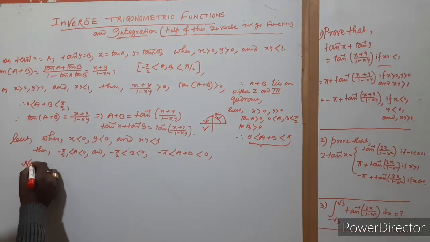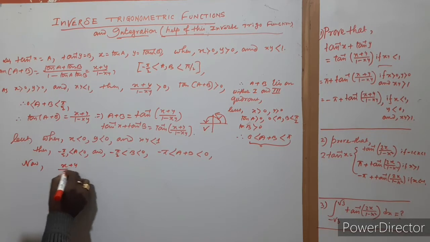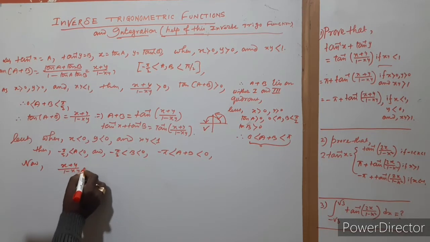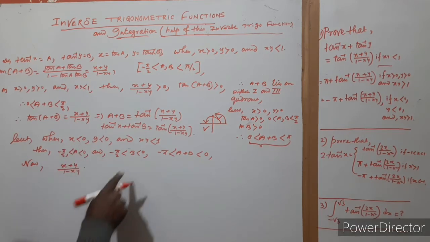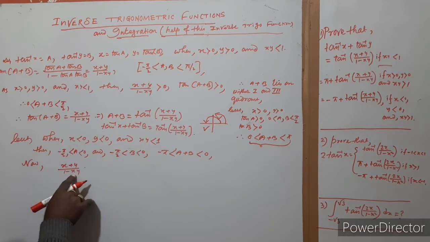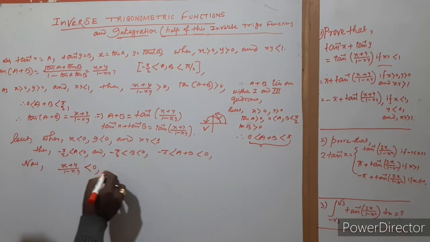Now x plus y by 1 minus xy: the sum of these two is less than 0, and xy is less than 1, so 1 minus xy is positive. Okay, so the whole thing is negative.